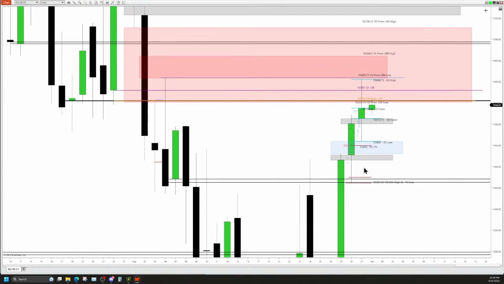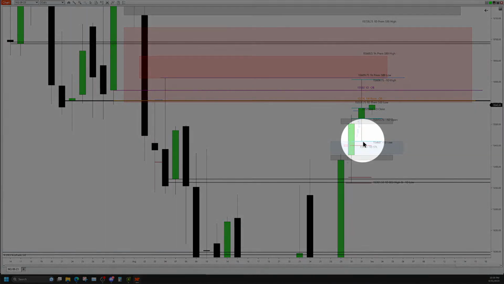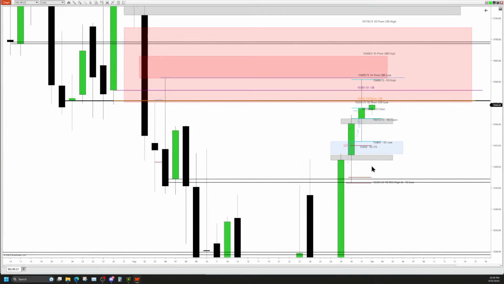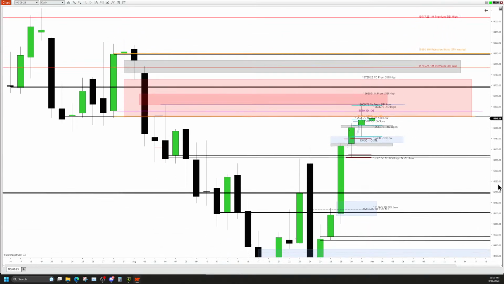So remember, there's this daily BISI. Actually, there's this volume imbalance, this wick consequent encroachment, this BISI, this volume imbalance, this wick consequent encroachment. So there's a lot of stuff to the downside that could just get slammed through if things are bearish at all.